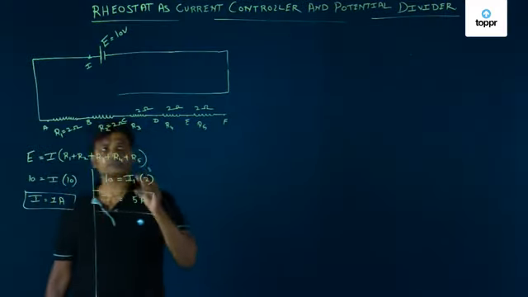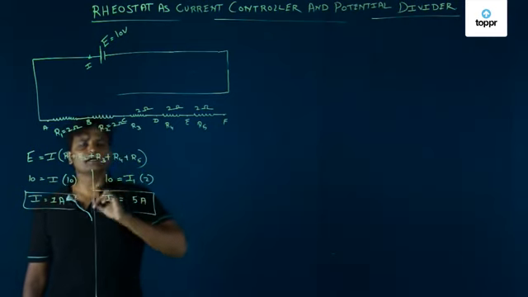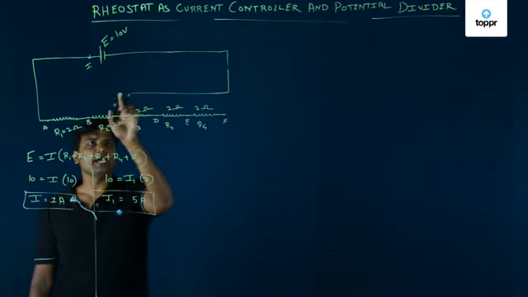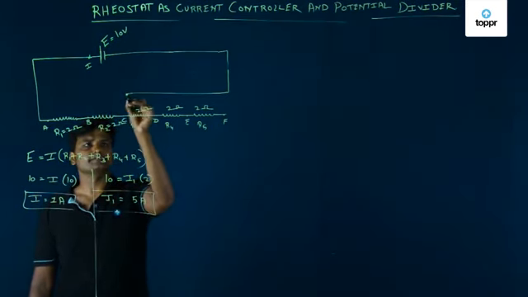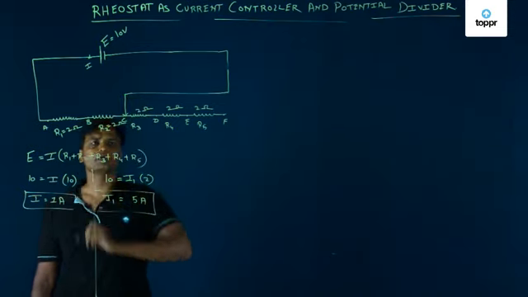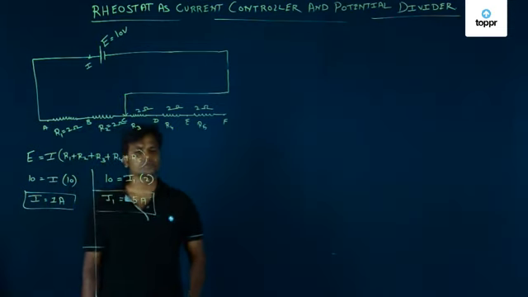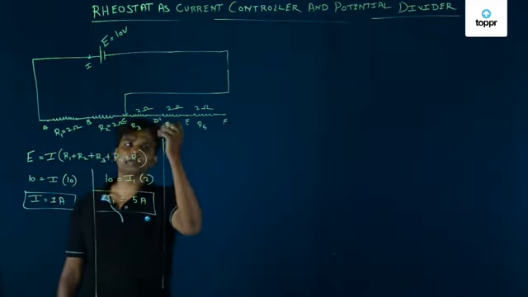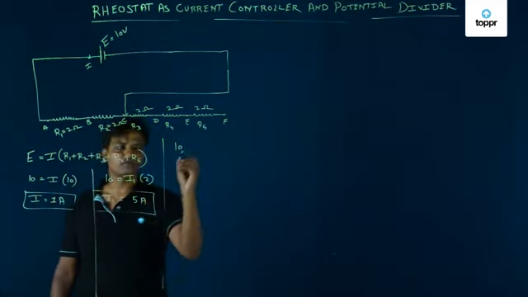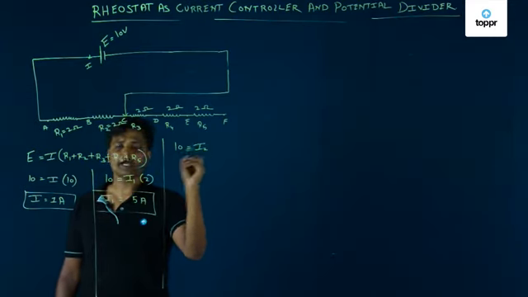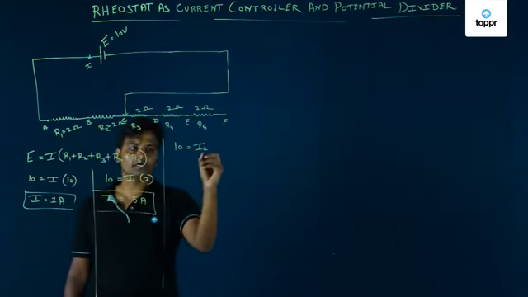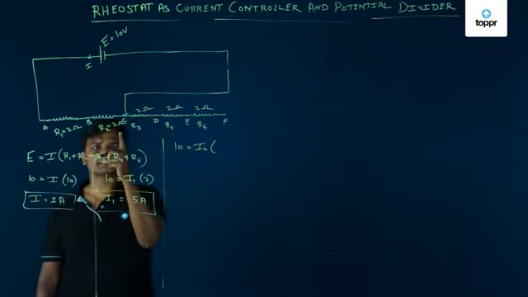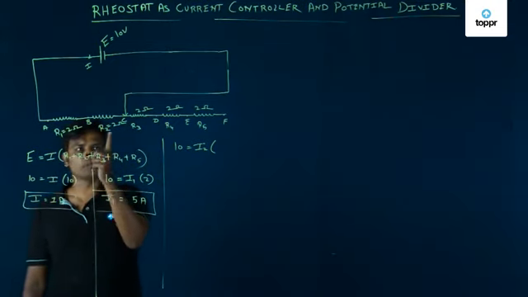Now if I am disconnecting this circuit from point B and connecting it to point C, what would be the current flowing in the circuit? The EMF will remain the same, 10 volt, which is equal to current I2 into, I don't know the current, into the resistance which is participating, 2 ohm plus 2 ohm.